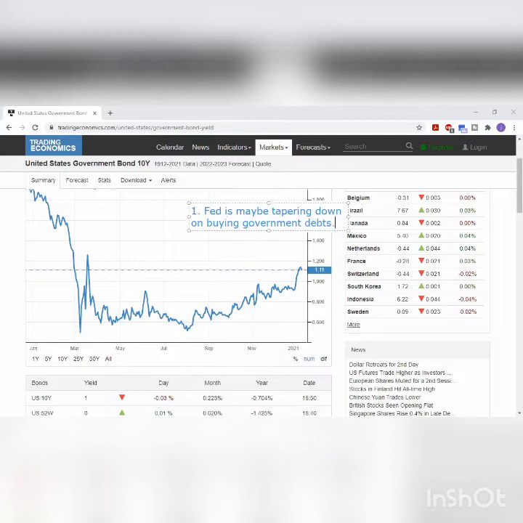Or sa madaling sabi, not so aggressive in QE.